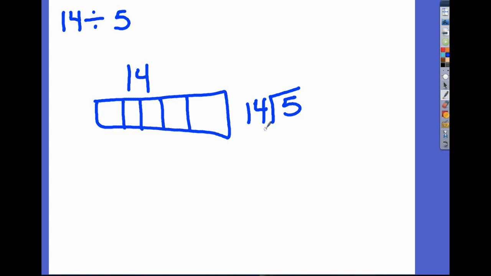Some people are also getting confused on this. They're saying, is this supposed to go inside or outside? Well, read this one to me, the top one. Okay, the top one says 14 divided by 5. What's this one say? This says 14 divided by 5. That one says 5 divided by 14. They're two different problems.